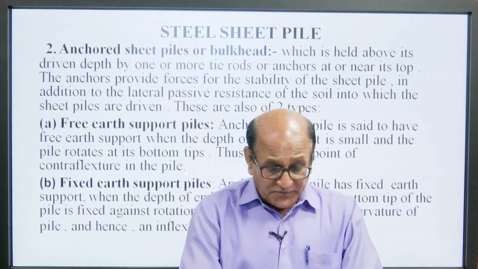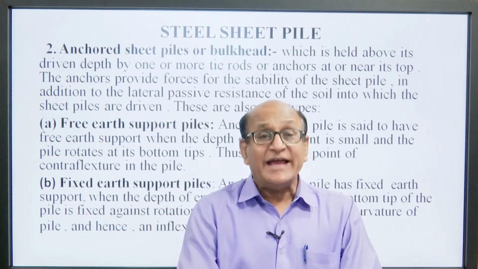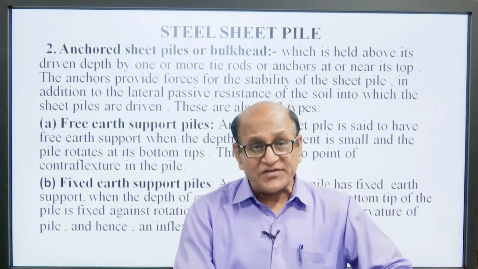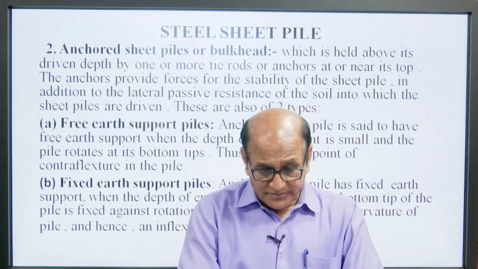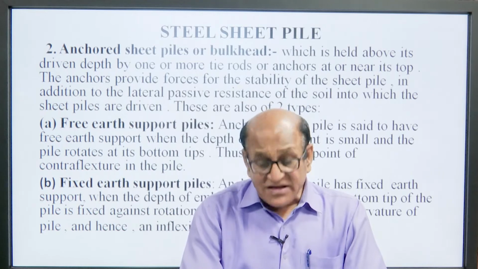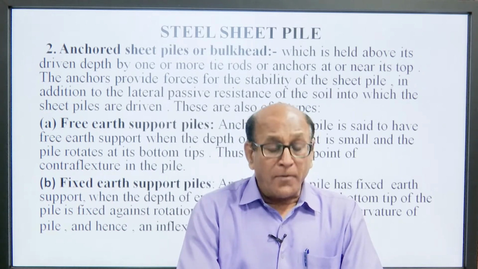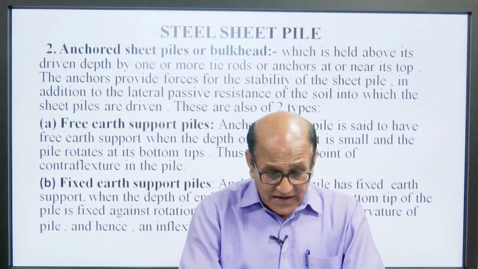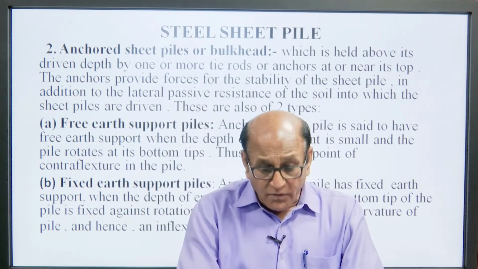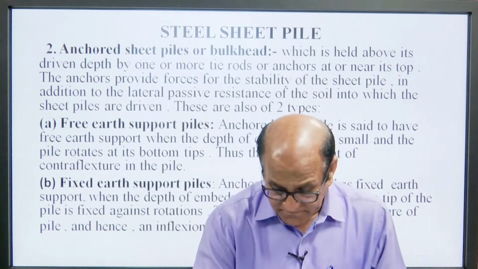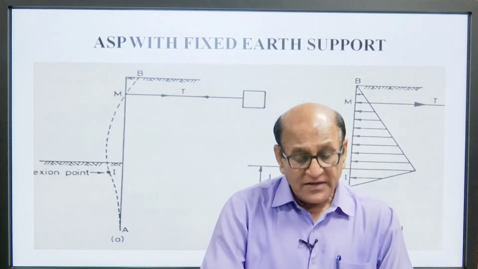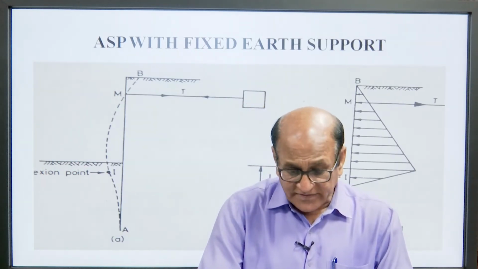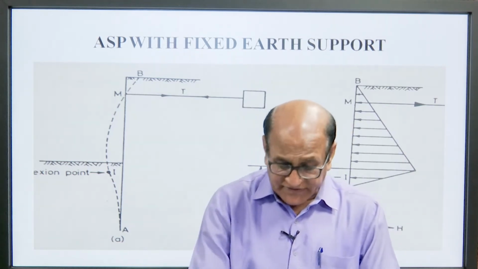The bottom tip of the pile is fixed against rotation. This is the difference between free earth support and fixed earth support. There is a change in the curvature of the pile, and hence inflection points occur. So, we can see here the anchored sheet pile, and this is the condition that we have already discussed.